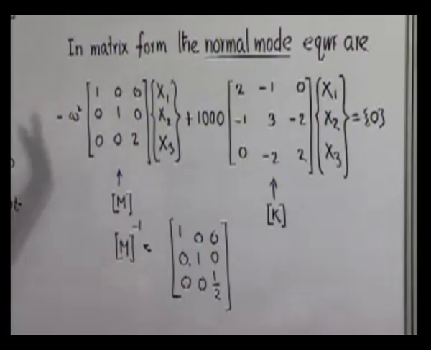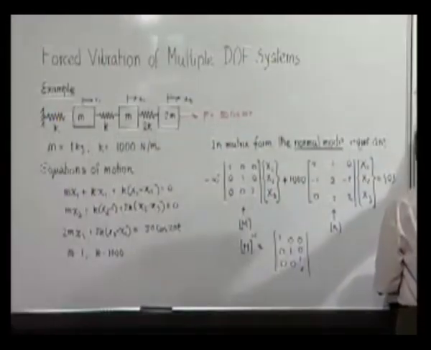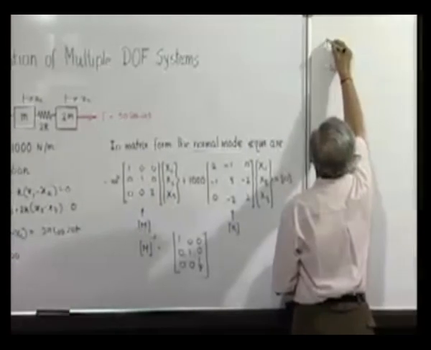So multiplying by M inverse, the equation becomes minus omega square.